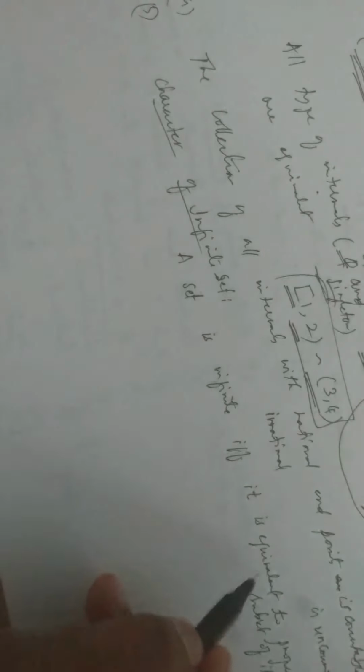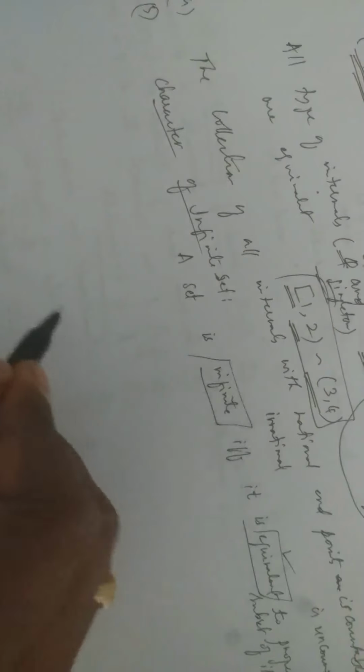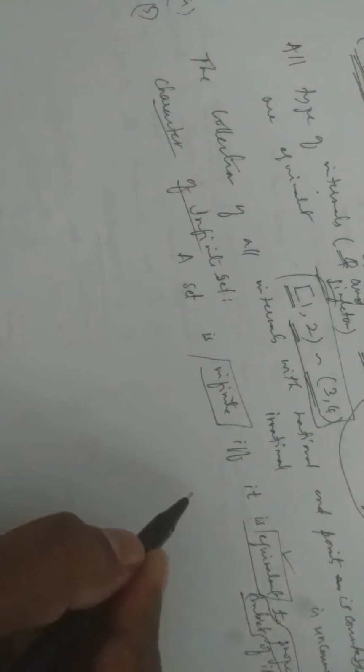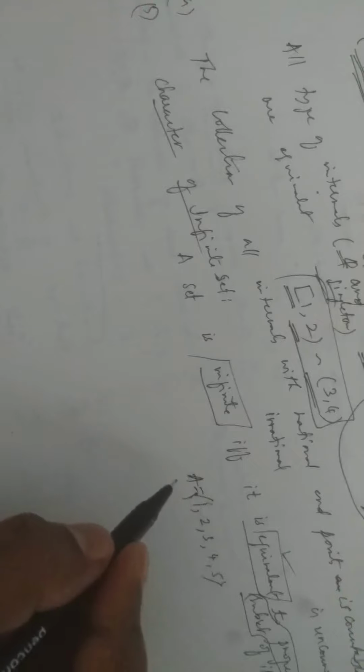First of all, we know what equivalent is and we know what infinite is. We need to know what a proper subset is. Let me say this is set A. The empty set will always be a subset of this, and A will always be a subset of this.